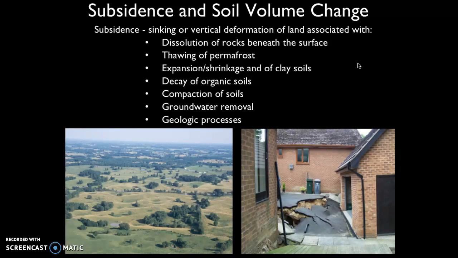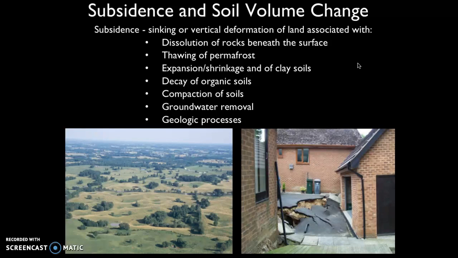Groundwater removal or mining processes, which basically leave empty spaces underground and overall cause collapse of the ground on top, and any other geologic processes such as earthquakes and volcanic eruptions themselves. So those were the different things that we saw, and that will cause subsidence and soil volume change.